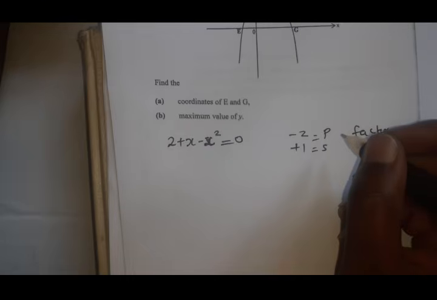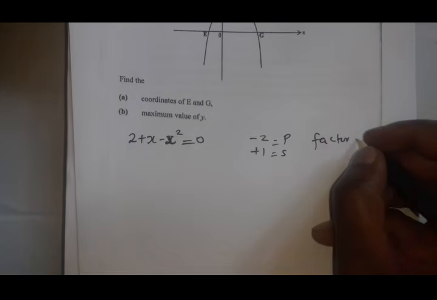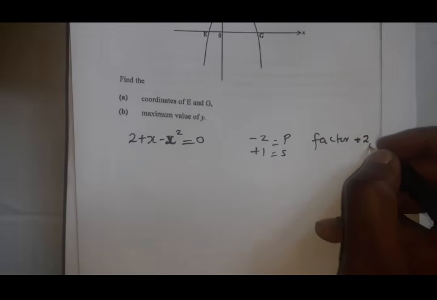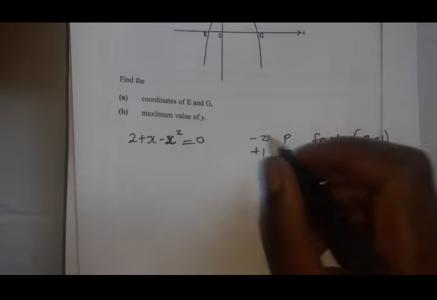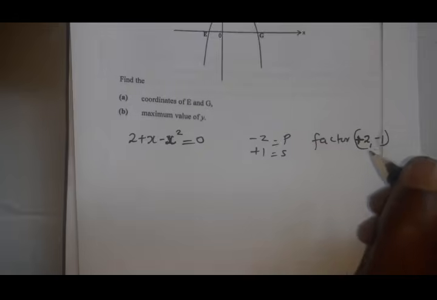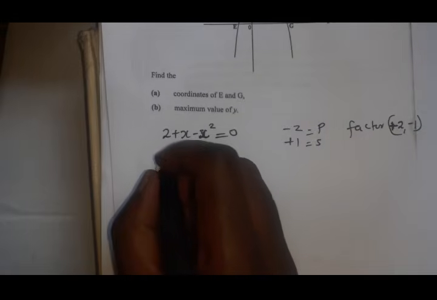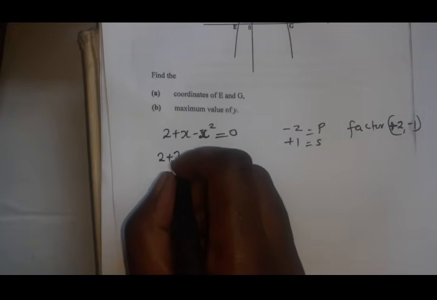So we can have +2 and -1. When we multiply these two, we get -2. When we add them, we get +1.